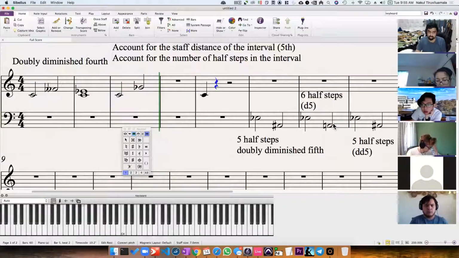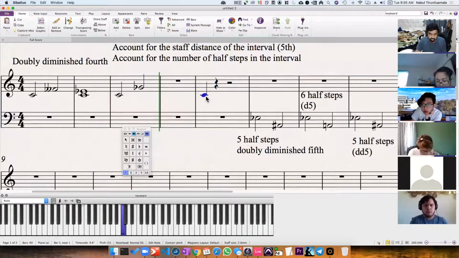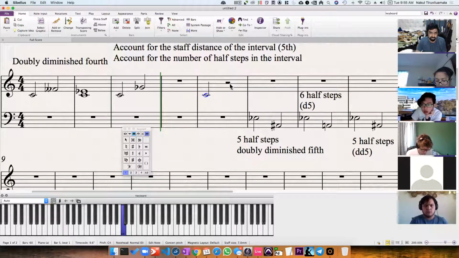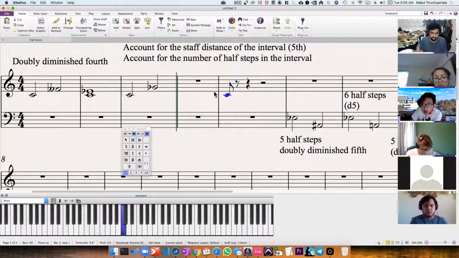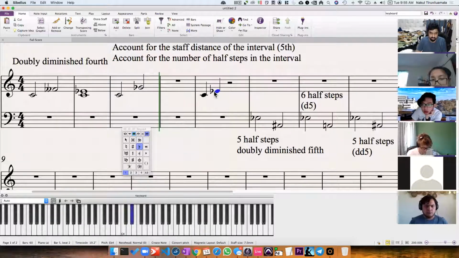If that makes sense. So essentially what I'm trying to say is, let's say we're starting with, I just want to work on this really quickly, a minor third right here. This is a minor third because it satisfies two things. The staff distance between this note and this note is a third. And also the half steps between these two notes are 1, 2, 3, okay?